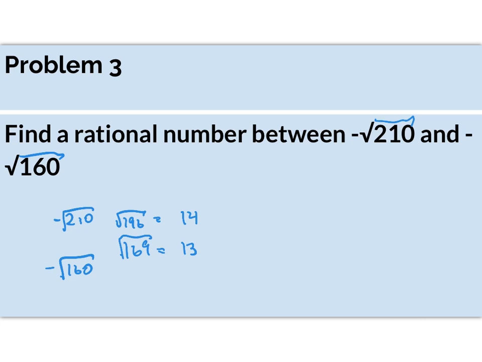So we actually have two numbers in this range. Because these are negative, we're looking for the opposites. Negative 14 and negative 13 are rational numbers because we can divide them by 1, and also we can put a 0.0 at the end of them to make them rational.